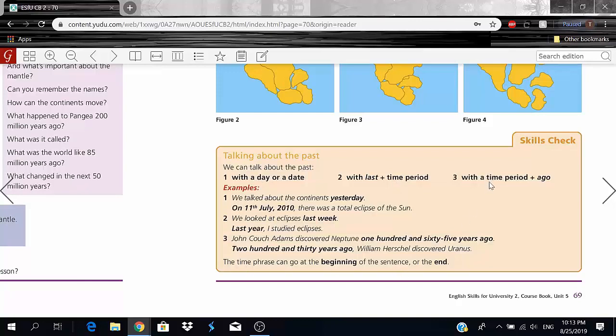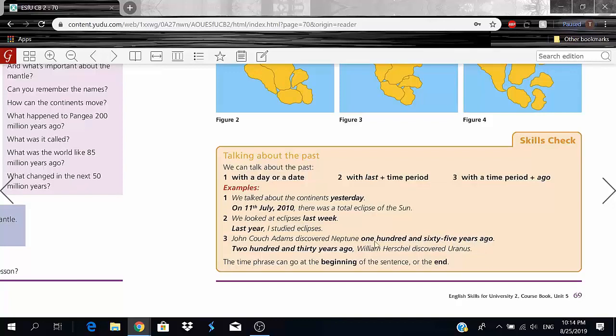And then finally we have using a time period and using the word ago right after that. That is why when we were doing exercise A, I think, yeah, we added the word ago because it was a question with a time period. So John Couch Adams discovered Neptune 165 years ago.